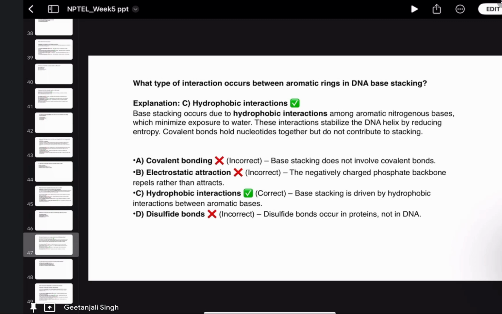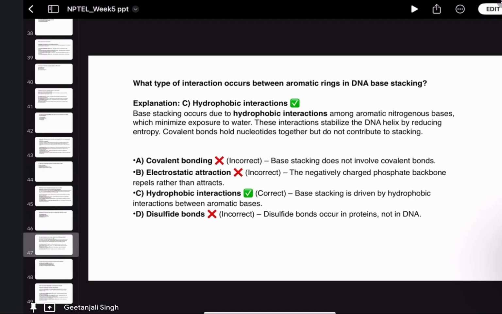Base stacking occurs due to the hydrophobic interaction among aromatic nitrogenous bases, which minimize exposure to water. Obviously, it's hydrophobic. These interactions stabilize the DNA helix by reducing entropy. Covalent bonds hold the nucleotides together but do not contribute to stacking. So that's why option A, covalent bonding, is incorrect.